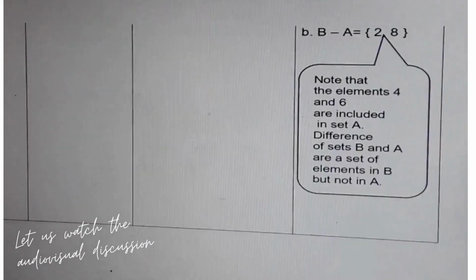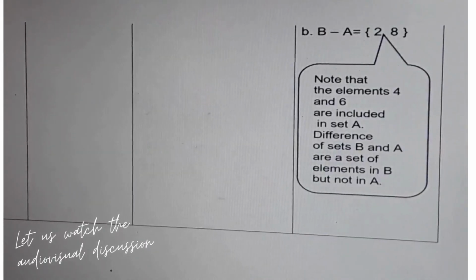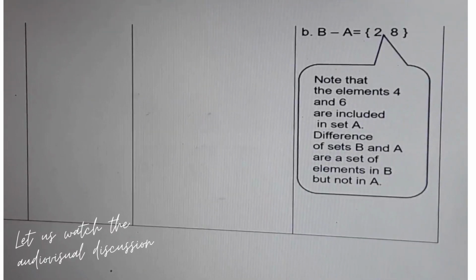These are 2 and 8. 6 and 4 again are included in set A. So the difference of sets B and A is the set of elements in B, not in A. And these are 2 and 8.